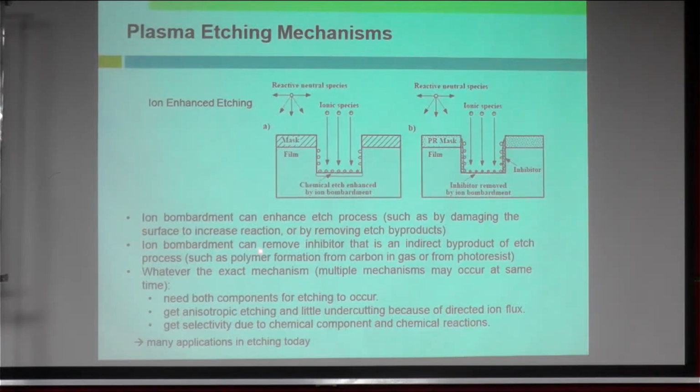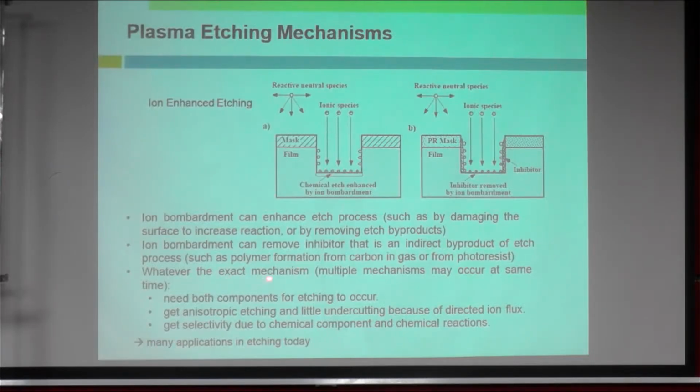So ion bombardment can remove inhibitor, which is an indirect byproduct of the etching process. The removed material may also remain somewhere on the surface. That is why ion bombardment can remove inhibitor that is an indirect byproduct of the etch process, such as polymer formation from carbon in the gas or from the photoresist itself.